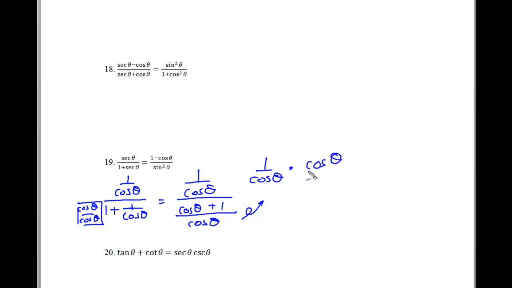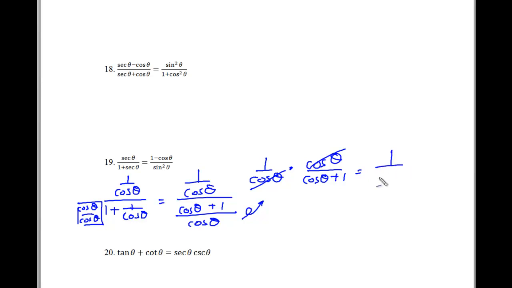What this gives me is 1 over cosine of theta over cosine of theta plus 1 over cosine of theta. Now I'm going to skip, flip, multiply. I'm going to bring this to the top here. I'm going to have my 1 over cosine theta times my cosine of theta over cosine of theta plus 1.